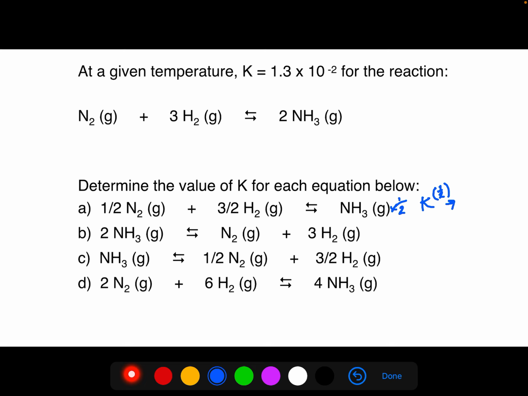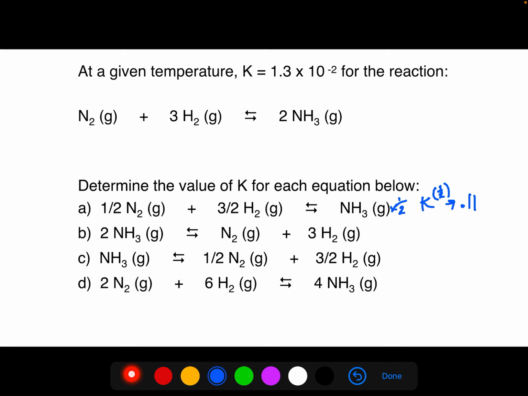So when we punch this in, sorry, I'm controlling both screens at the same time. So if we do 1.3 times 10 to the negative second raised to the 1/2 power, that should be the same thing as square rooting, we end up with 0.11, and there's no exponent there. We don't have to worry about scientific notation there.